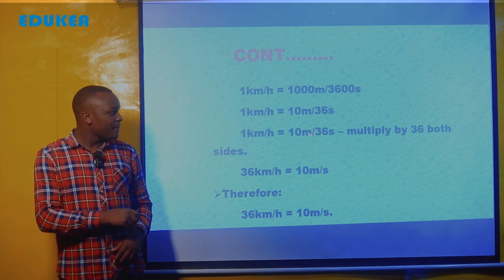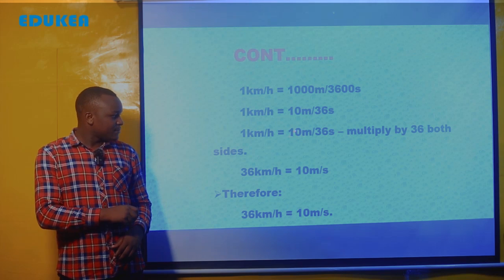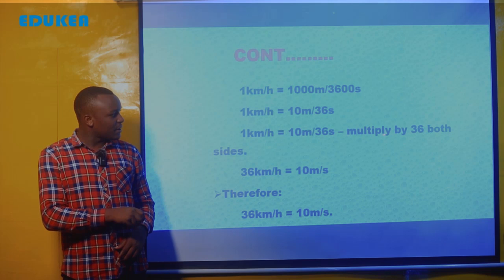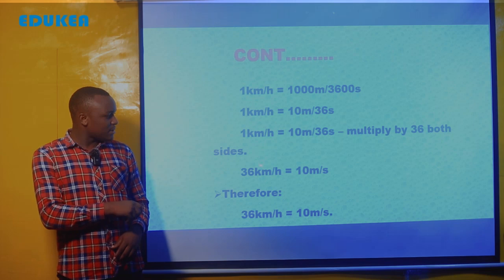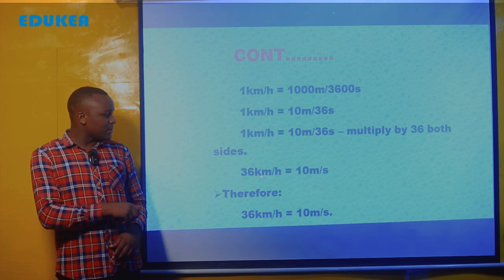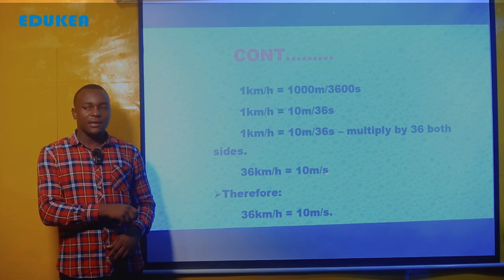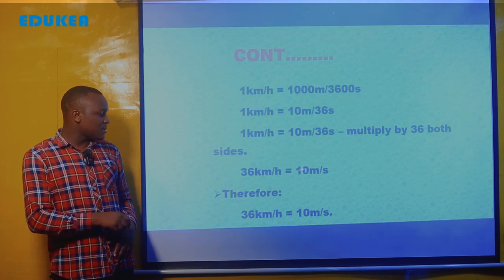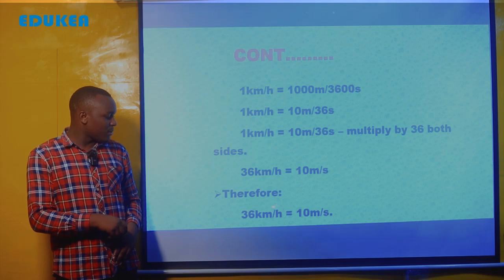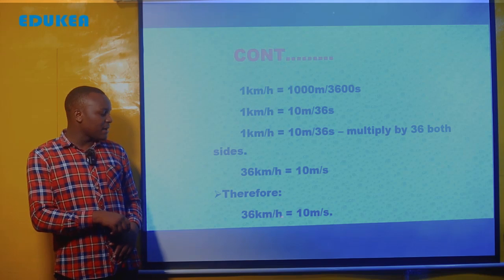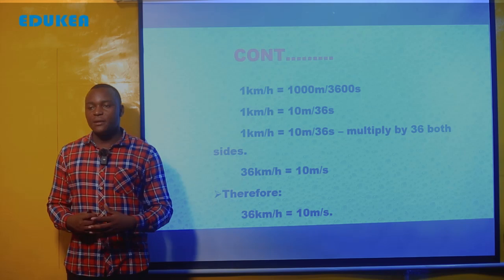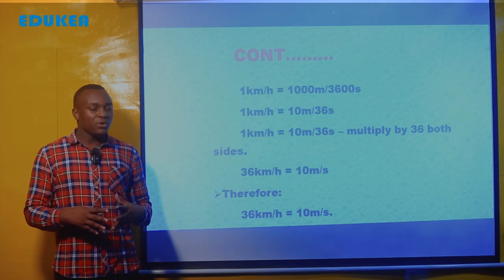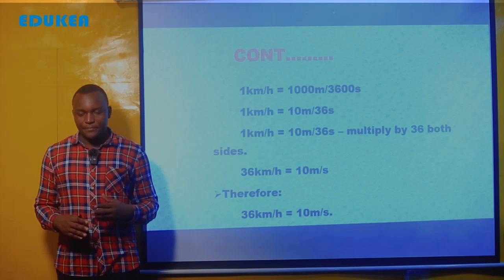Ukimultiply 36 both side utapata 36 km per hour sawa sawa na 10 meter per second. Kwa hiyo mtu aliyeandika 36 km per hour ni sawa na aliyeandika 10 meter per second. Huo ndio uhusiano uliopo kati ya kilomita per hour na meter per second.